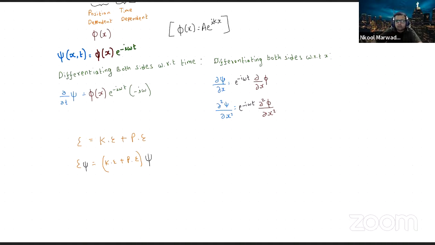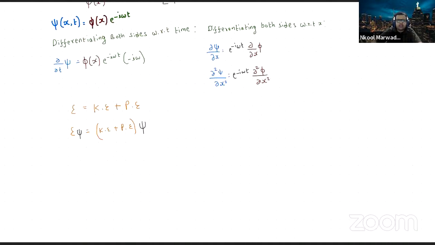Okay, this is clear. Now this kinetic energy plus potential energy that I am having, I can give it a name and call it the Hamiltonian operator. I can give it the name H cap.